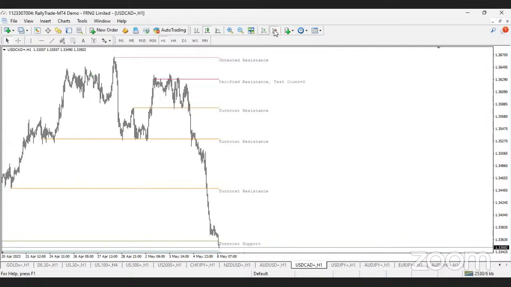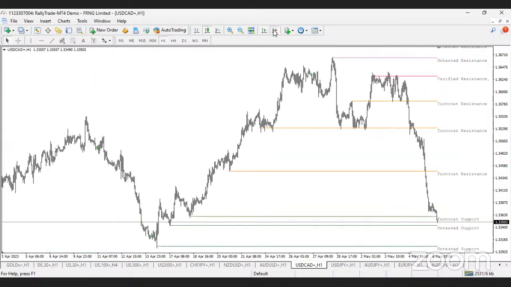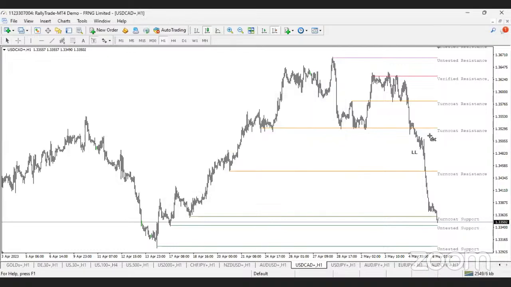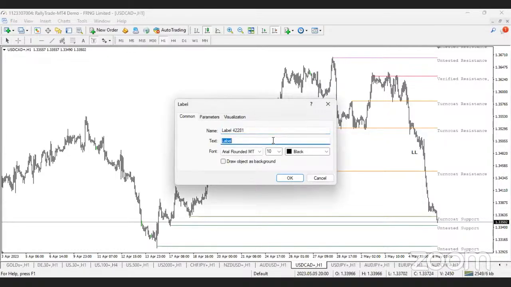Now, for day traders who would like to pick opportunities, let's also position for a buy, as the sell is already oversold. It's a free fall sell. So let's label out these places. If this is our lower low, let me mark this as LL, and this is our lower high.